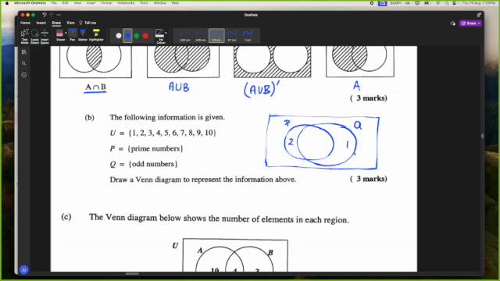So 2 is not going to be inside of here at all, right? 3 is prime and odd. 4 is neither prime nor odd. 5 is prime and odd. 6 is neither. 7 is both prime and odd. 8 is neither. 9 is an odd number, but it's not prime. And 10 is an even number, so it's not either. And this is what the Venn diagram would look like, with 3, 5, and 7 being both prime and odd.